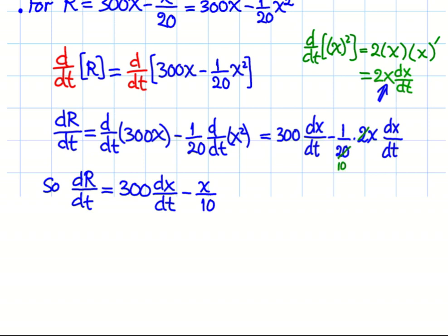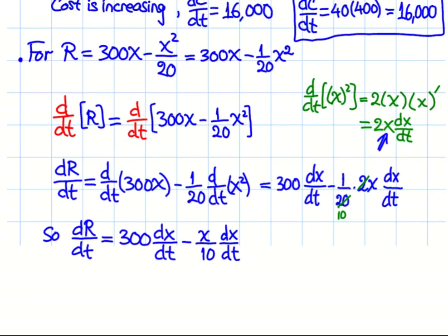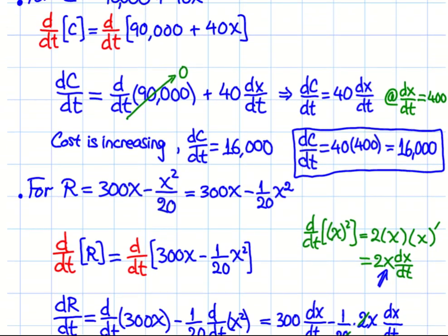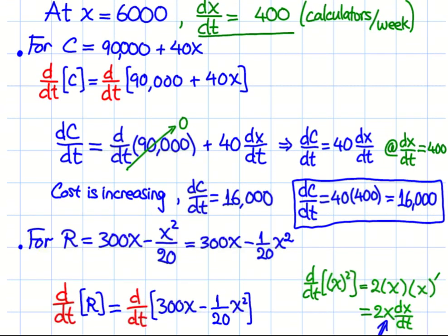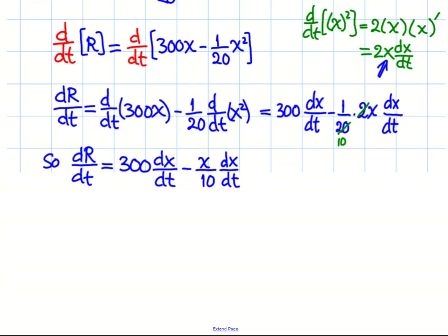That gives us x over 10 times dx over dt. Right. Now we substitute everything we have. dx over dt is 400. x is 6,000.